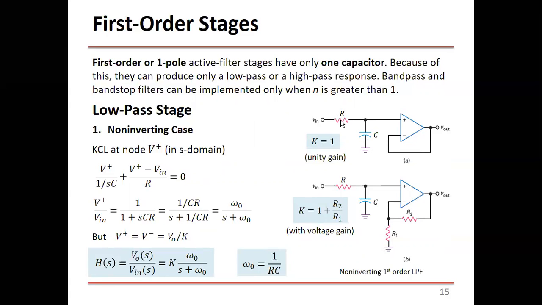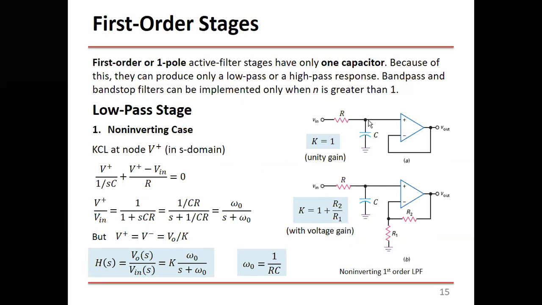So R in the S domain stays as R. C in the S domain becomes 1 over SC. That's it. And you do the KVL, KCL, and you are done. Your goal is to find V output of S divided by V input of S. I think we did this before, and we're going to repeat it here again.